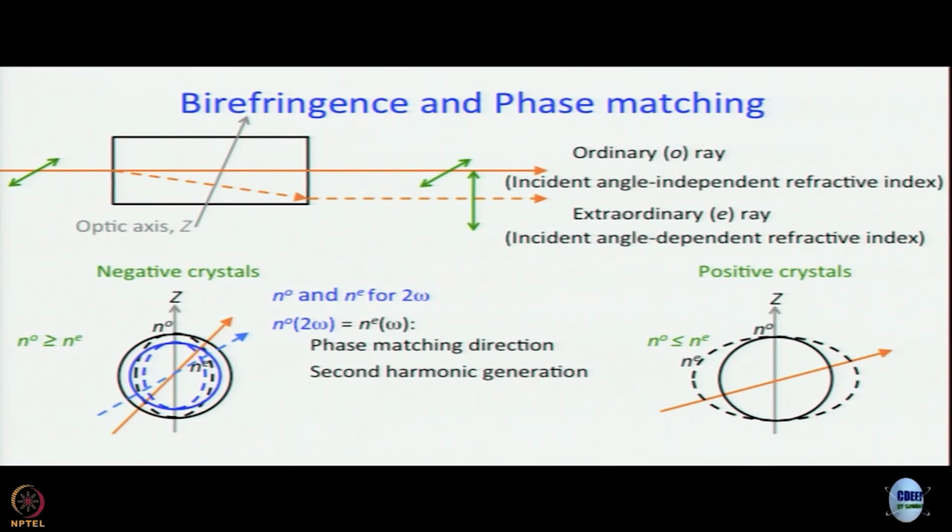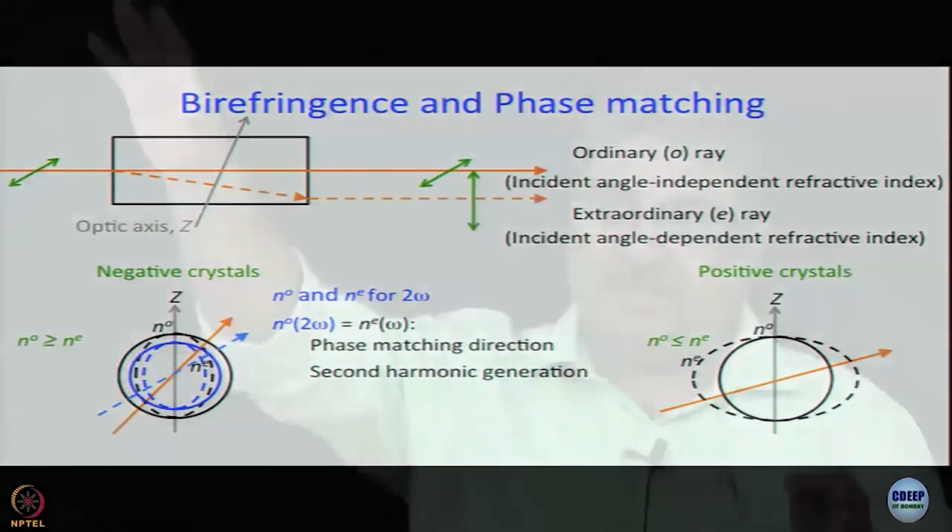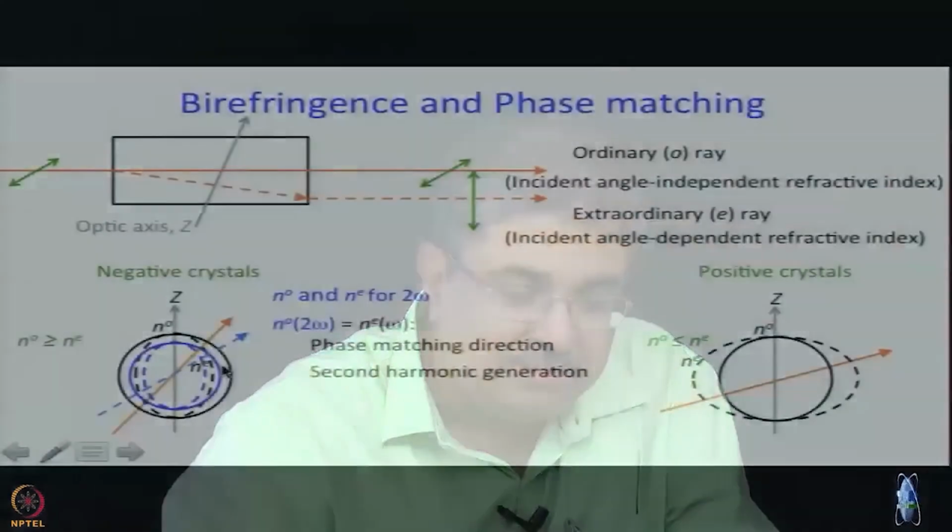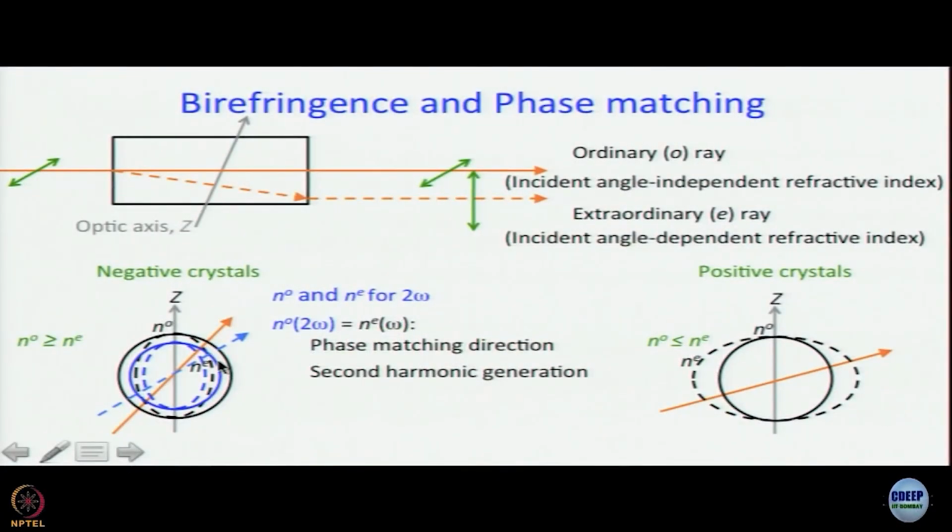And this is where it is important to understand polar plots, what it means. The distance from the center, that is the value, and angular displacement from z, that is theta. So, the point where the blue circle and the black ellipse have overlapped is the point where their values are the same, or in other words, refractive index for the O ray of 2 omega is equal to refractive index of E ray of the fundamental.